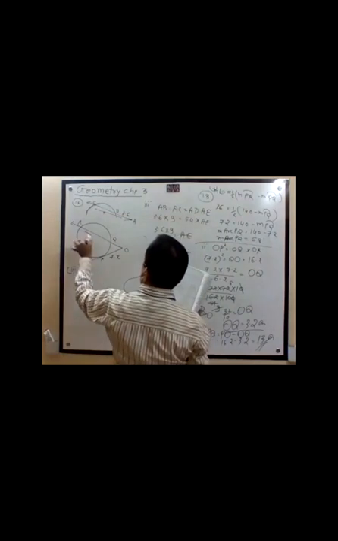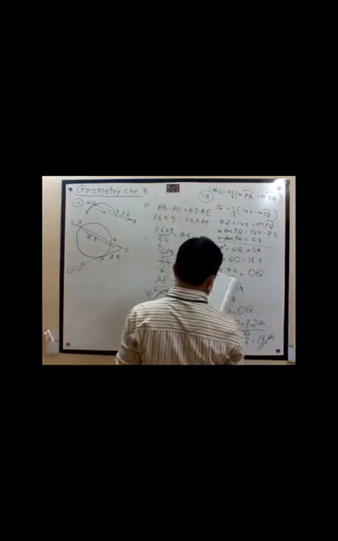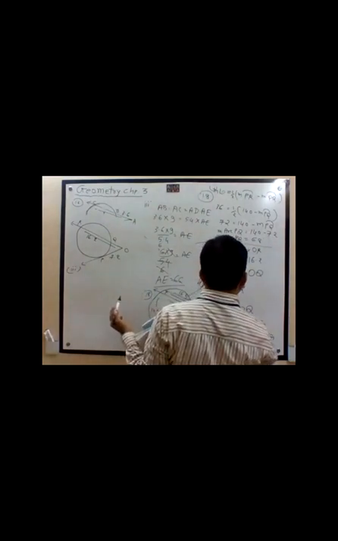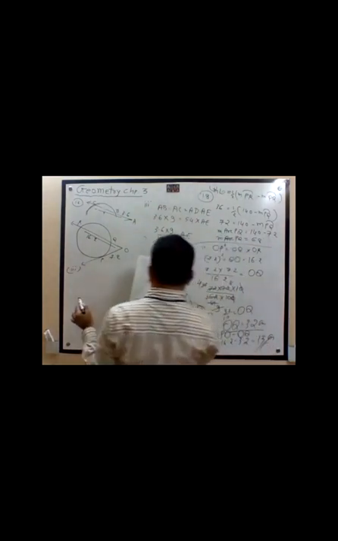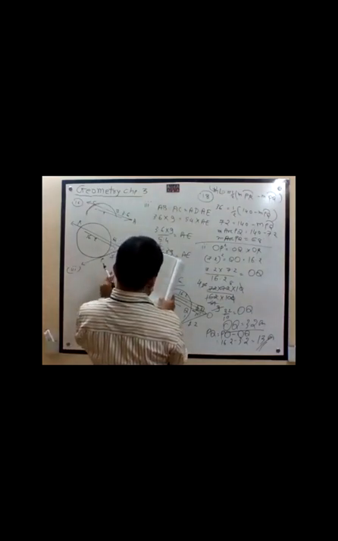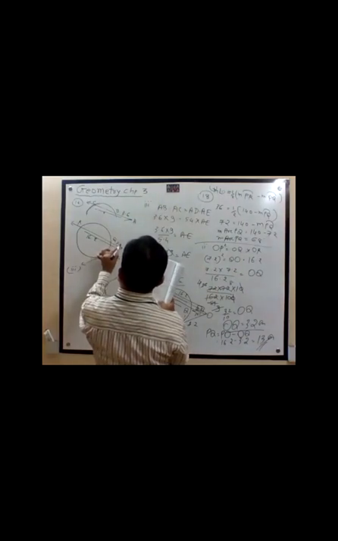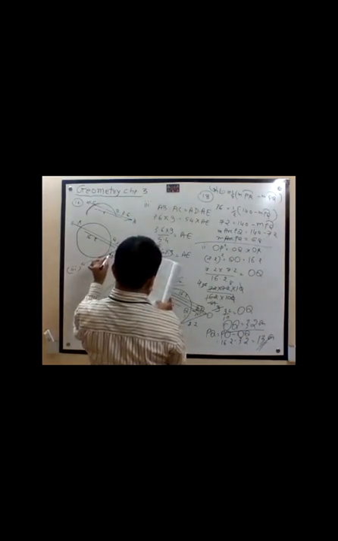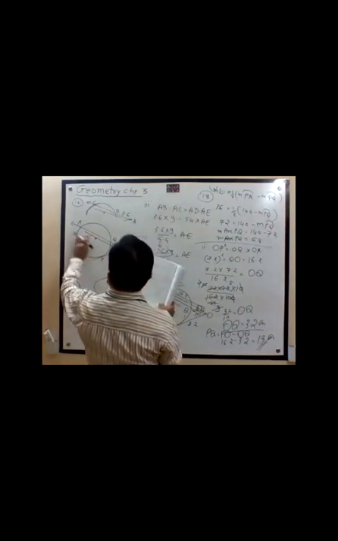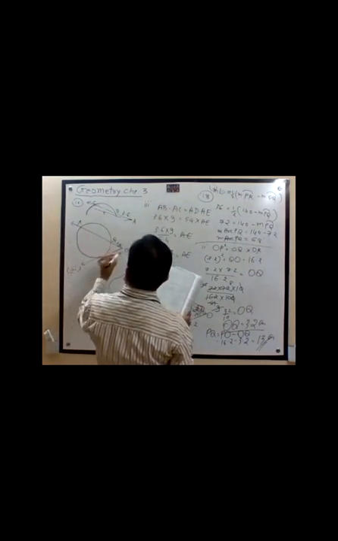OR full 16.2. Sorry, that we have done. OP 7.2. OQ is 3.2. This much is given. This given and this given.